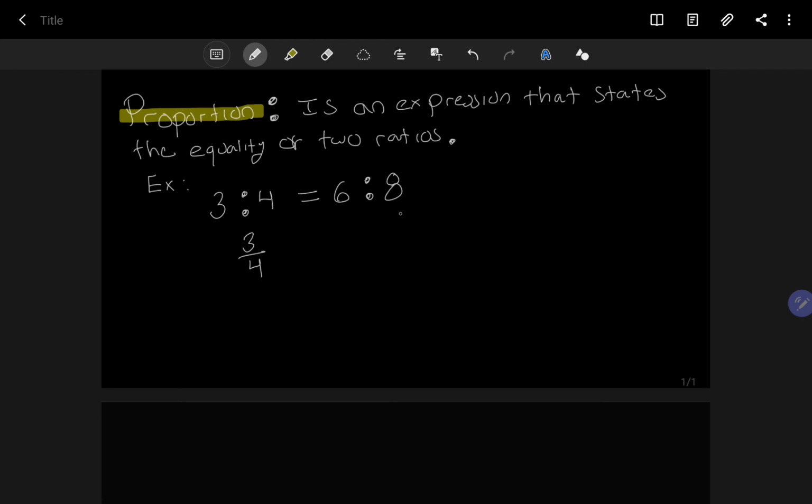If we rewrite the one on the right as a fraction, we got 6 over 8. Can I simplify the one on the right? I can simplify it by 2 again. And so what I have is 3 over 4. So are they the same thing? Yep, they're both the same number.